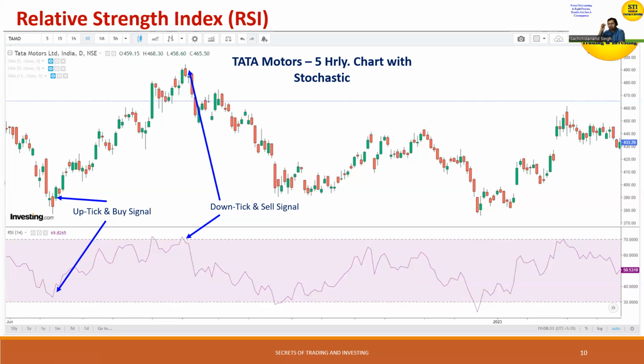Based on these three, MACD, stochastic, and RSI, our initial analysis of the chart will be completed. When we are learning the implementation, we will discuss it at length. But whenever we perform chart analysis, first we analyze these MACD and oscillators.